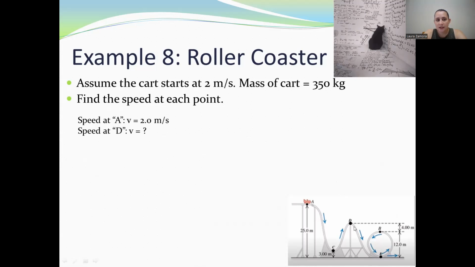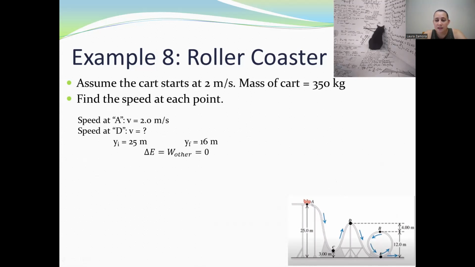So at point D, we want to know what the speed is. We know some things about point D. We know how high it is above the ground, and we know how high point A was above the ground, right? Point A, or that initial height, is 25 meters. Point D is this 12 meters plus 4 meters, so that's 16 meters above the ground.